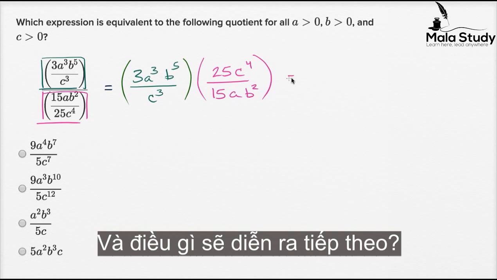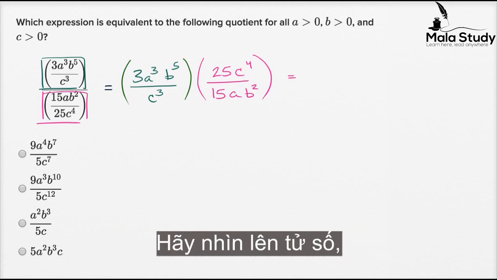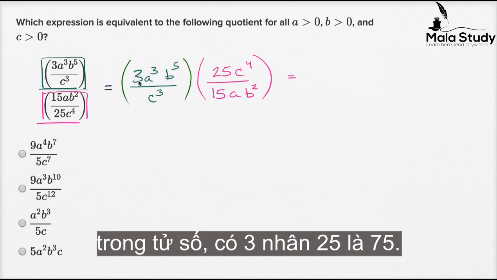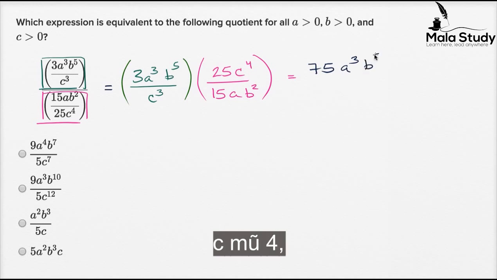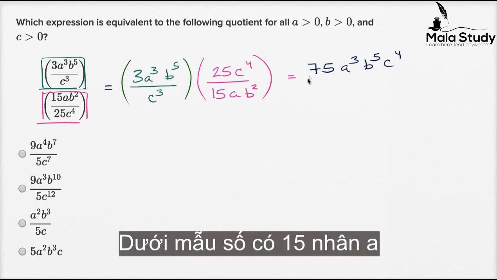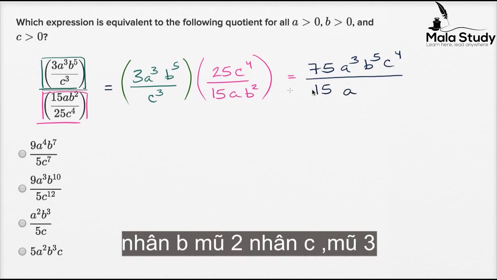And so what's this going to be? In the numerator, you're going to have 3 times 25 is 75, and then a to the third, b to the fifth, c to the fourth, and in the denominator, 15 times a times b squared times c to the third power.